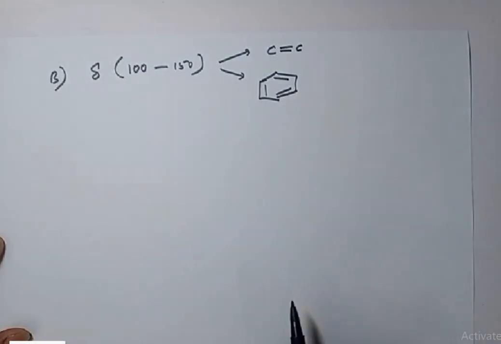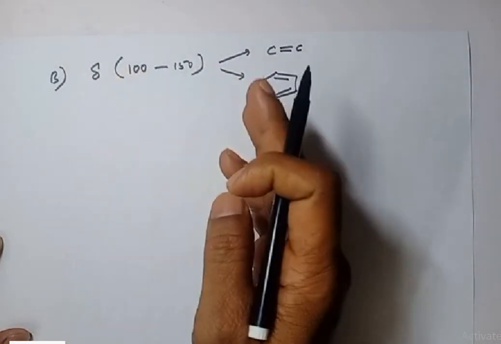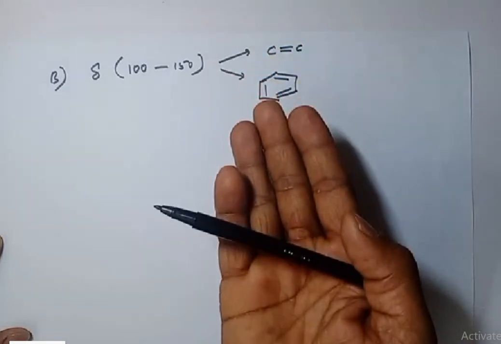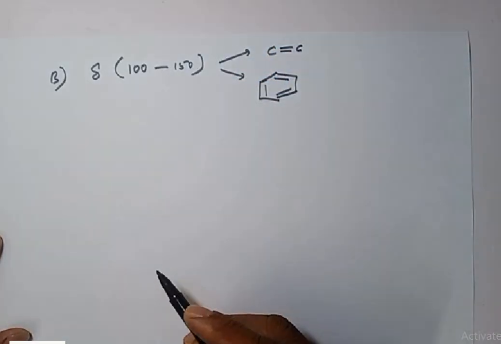Keep this in mind. If I get a signal between 100 to 150, it is probably due to a carbon atom of an alkene or of an aromatic ring.